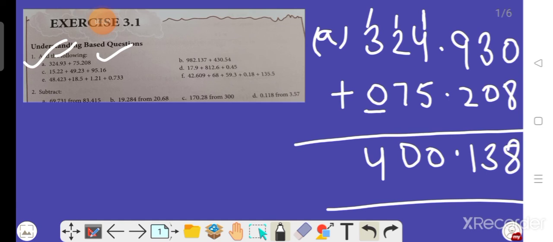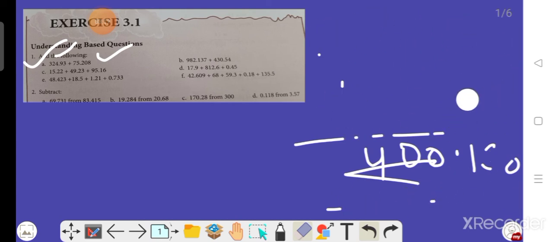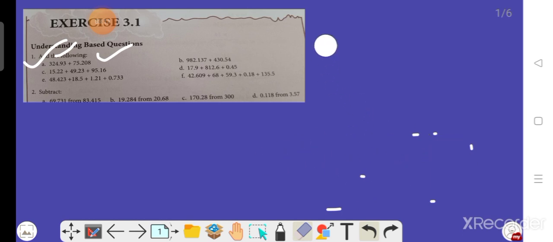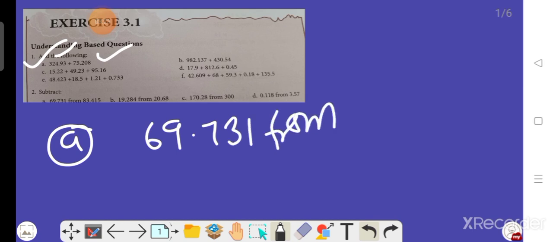Now we will take one part of your question number second. A part of second question. Subtract 69.731 from 83.415.